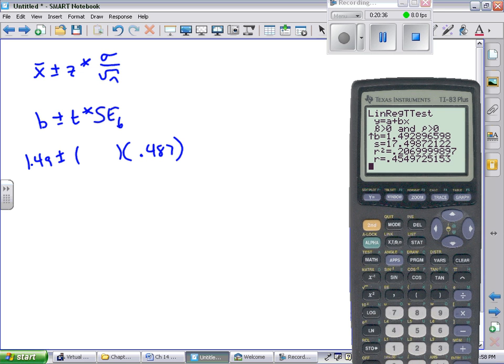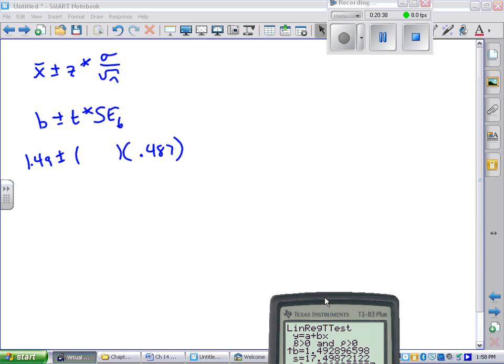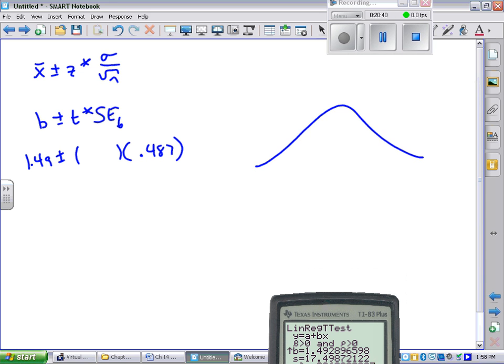If you were using your yellow calculator or some TI-84 calculators, there's a function on there that'll do this t star for you. Let's say we wanted to come up with a 90% confidence interval. Those two areas are 0.05, t-distribution with 36 degrees of freedom.